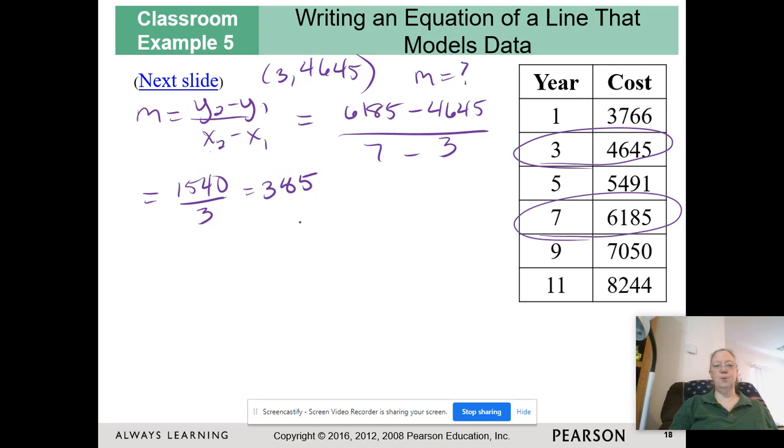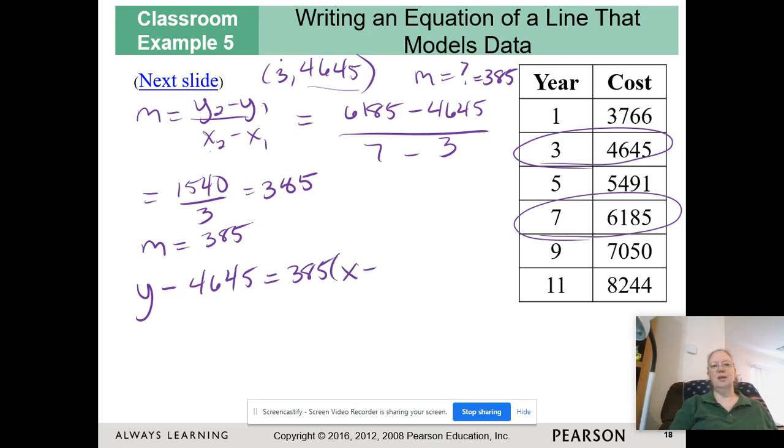So our slope, m, is equal to 385. y minus our y value, 4645, is equal to m, 385, times x minus our x value of 3.